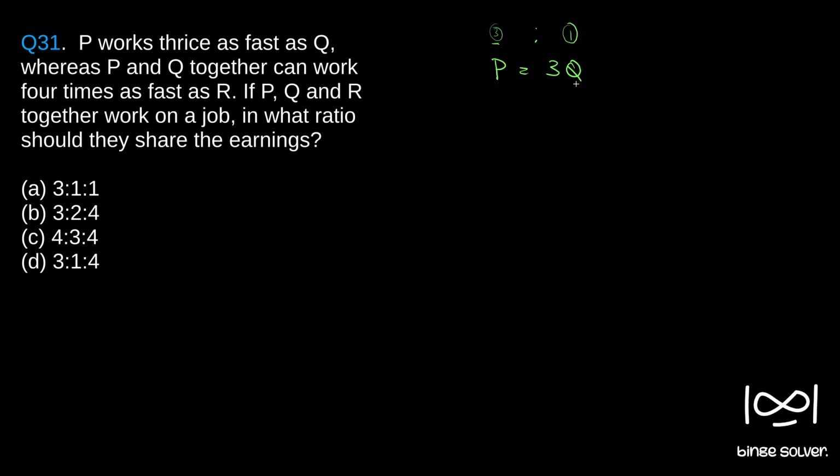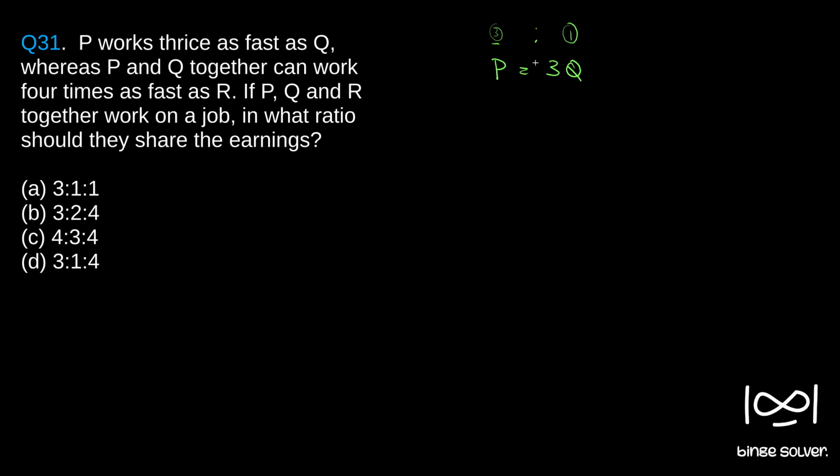That is the logic here. Since P works 3 times faster than Q and completes work 3 times faster, if we give 100 rupees to Q for a work, then P, working the same hours, should get 300 rupees, since P is working 3 times faster.